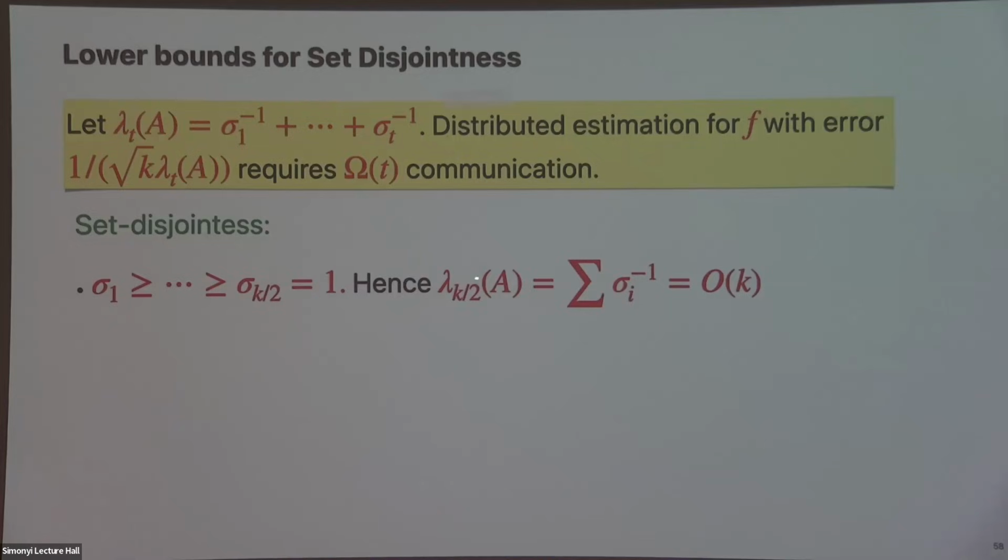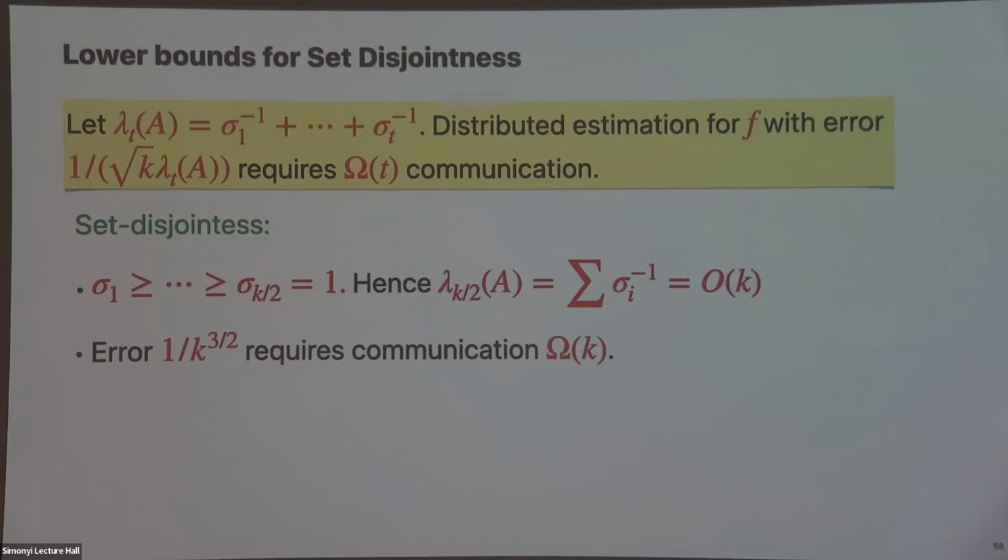But for the greater than 1 part, this is the best we were able to show: lambda k over 2 is order k. Okay? So I'm just taking the ones which are greater than 1, so each of them will give me at most 1. I think maybe you'll improve on this by some log factors, but not more than that. You're not going to close this gap.